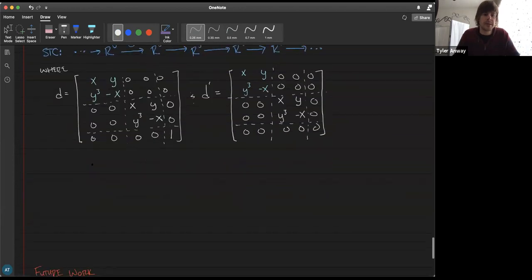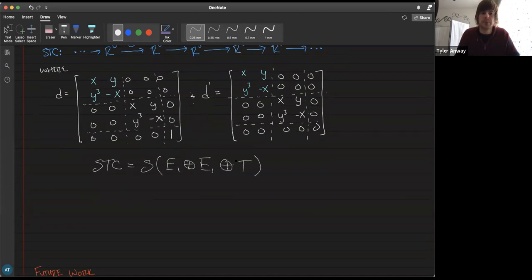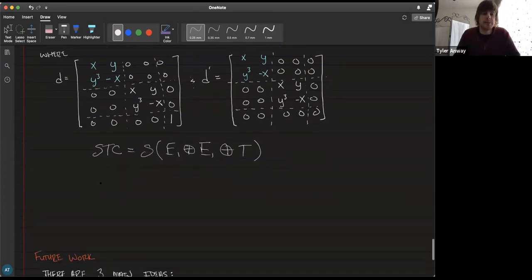So we can actually say that S of C is equal to S of E1 direct sum, it's not a direct sum, E1 direct sum some trivial piece. And so we would say that the Arnold tuple for this complex is actually just 2, 0, 0.